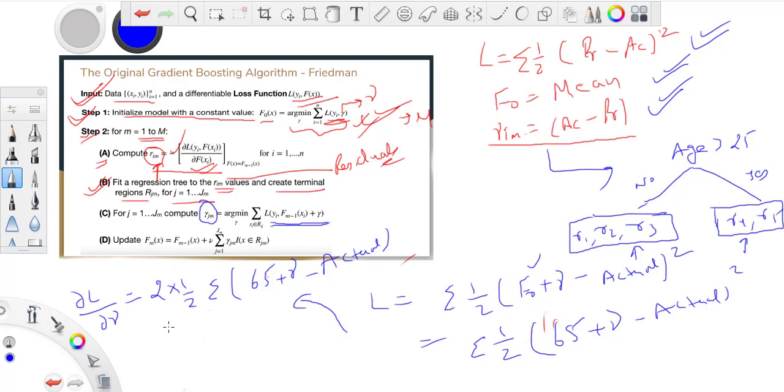Now again, in order to calculate the value which minimizes this L, I need to equate it to 0. That I can do simply: 65 plus gamma minus actual equals 0. From here I can write 65 plus gamma equals actual, again a summation.